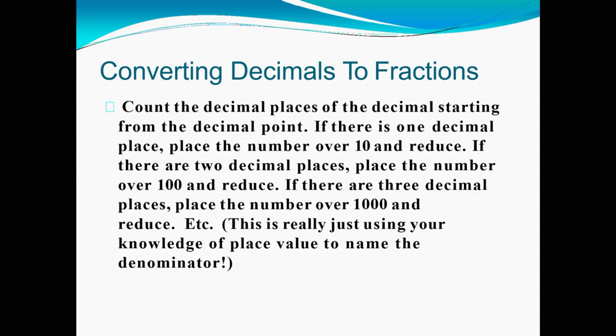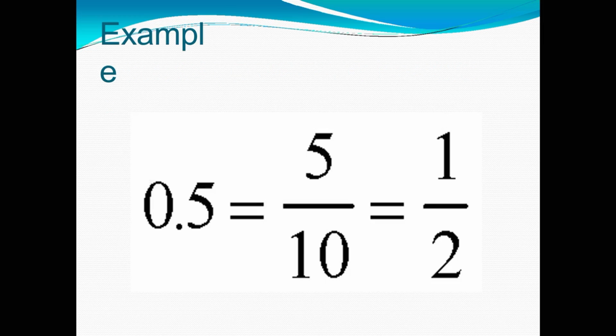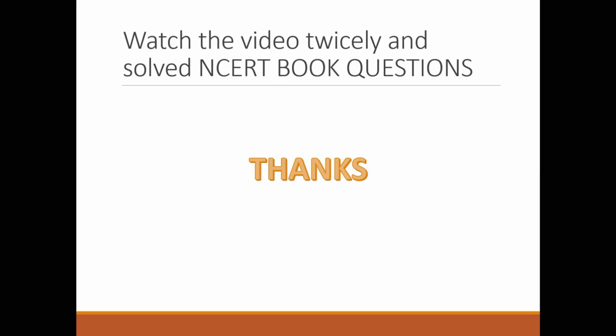And so on, we can convert it. This is really just using your knowledge of place value to name the denominator. Example: 0.5, that is 5 by 10, and in the simplest form we obtain 1 by 2.